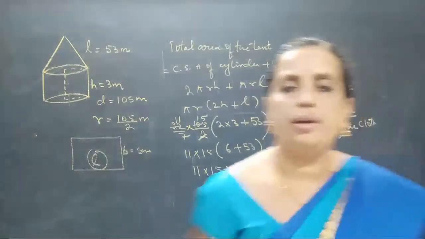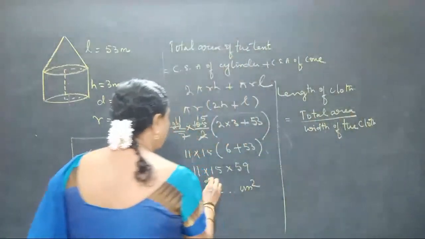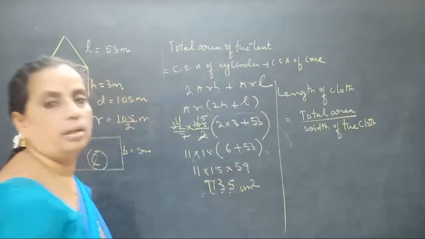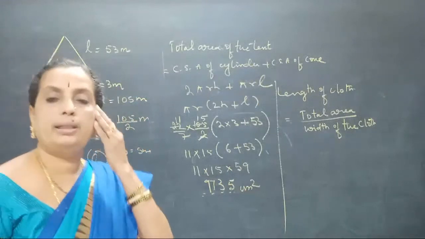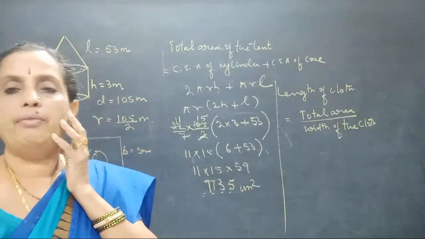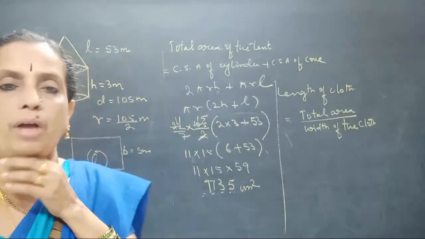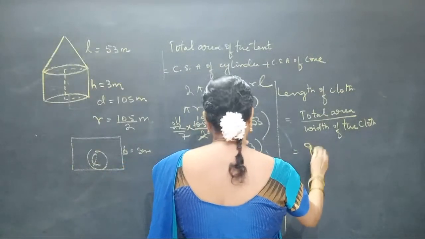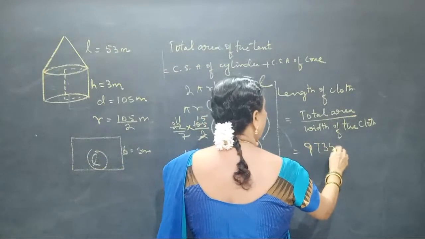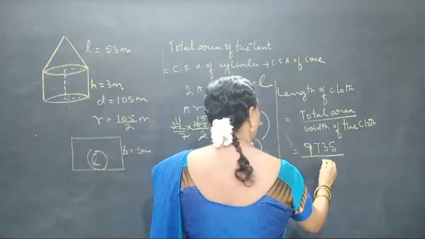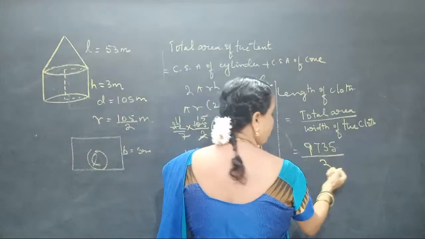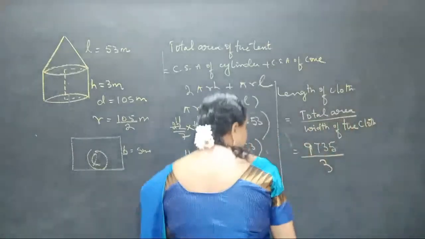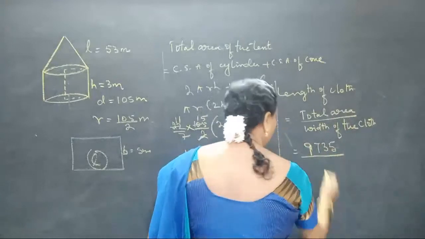What is the product? Yes, very good. 9735 centimeters square. Now they have given how much length of the cloth required if the width of the cloth is 5 meter. So now total area is 9735, dividing it by width of the cloth. It is 5 meter. Now do the division.